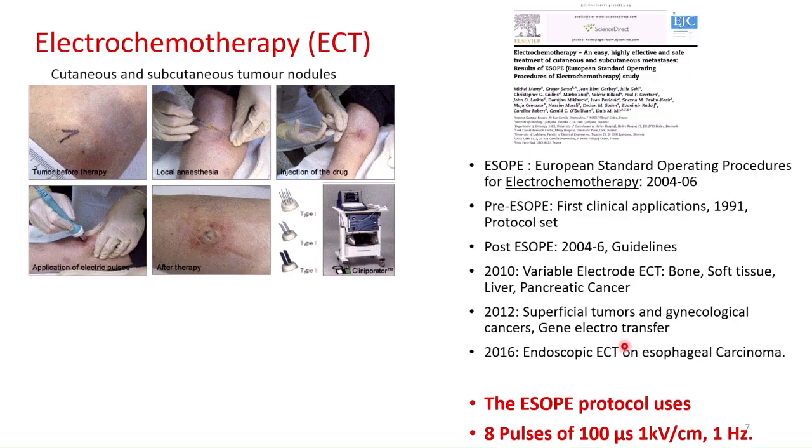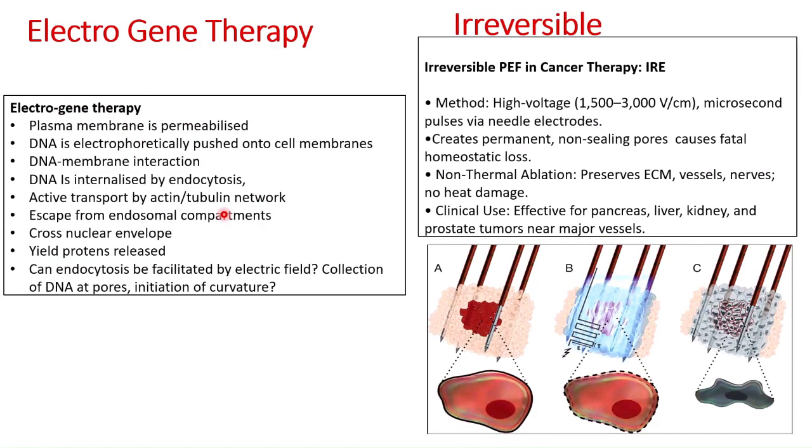And so finally the protocol that is now used by everyone there is: one session of electrochemotherapy will be 8 pulses. So you put 8 electric pulses, each of 1 millisecond duration, of strength 1 kilovolt per centimeter. And then your one session is over, and you may have a couple of such sessions, and then your treatment is done.